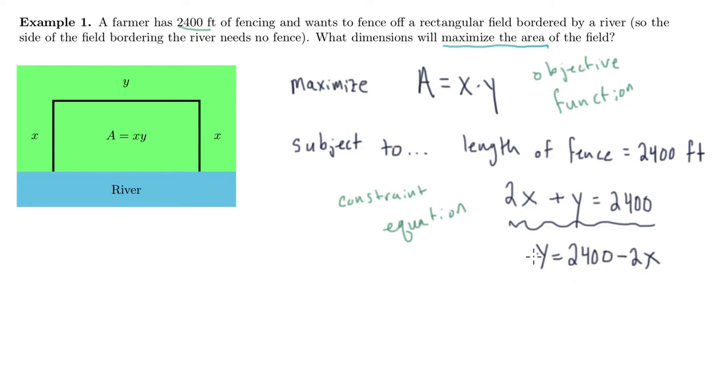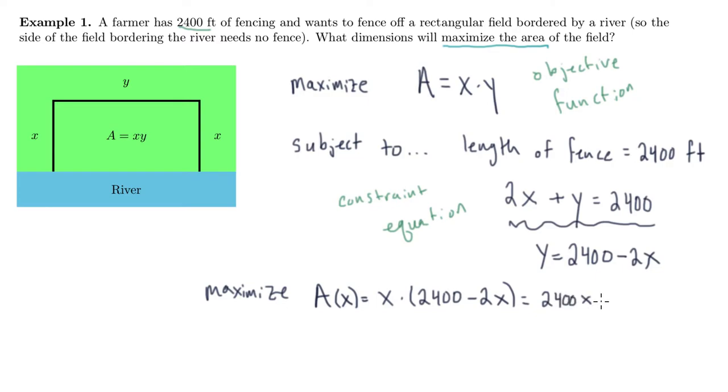So I can solve for one of the variables in terms of the other and then substitute in what y is. So in other words, I want to maximize the function A of x, now of one variable, is x times 2,400 minus 2x. Or if I distribute this out, 2,400x minus 2x squared.